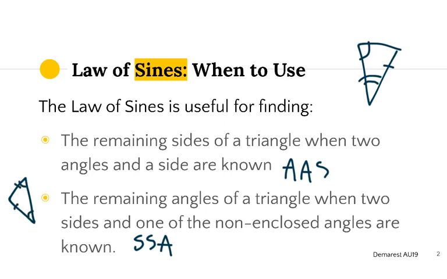So if we know this side and this side, we've got to know one of those two angles. The important thing is that this right here is the enclosed angle because it's the angle made by those two sides. So as long as we either know this one or this one, that would be side-side-angle. Those are the two cases where we can use the law of sines.